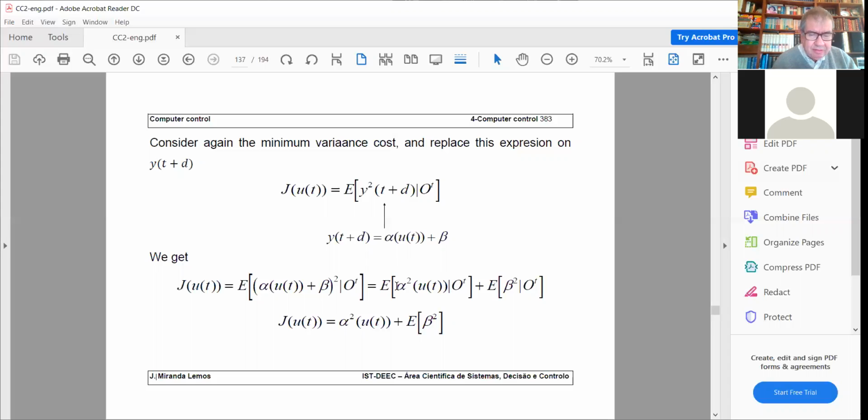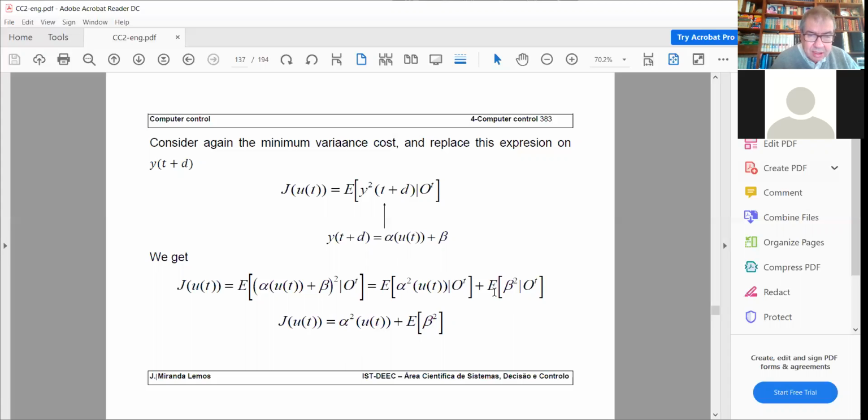So the expected value of one thing given that thing is the thing itself. So the expected value of x given that x equals 5 is nothing more than 5. So I can take out the expected value from the first part.